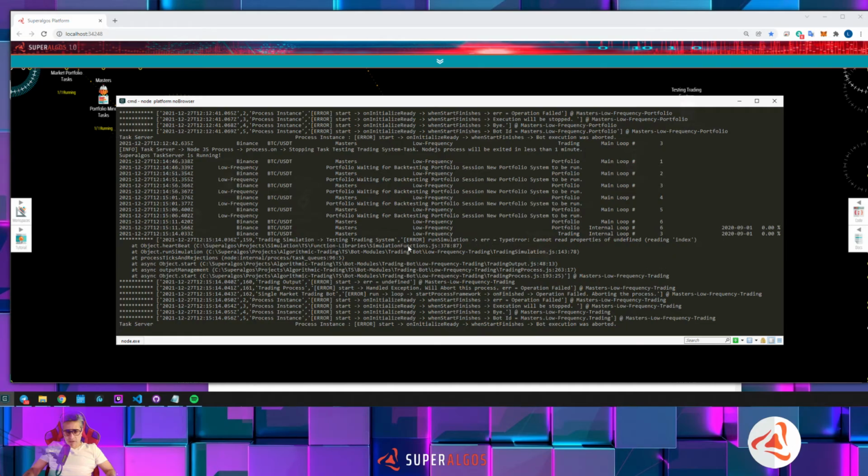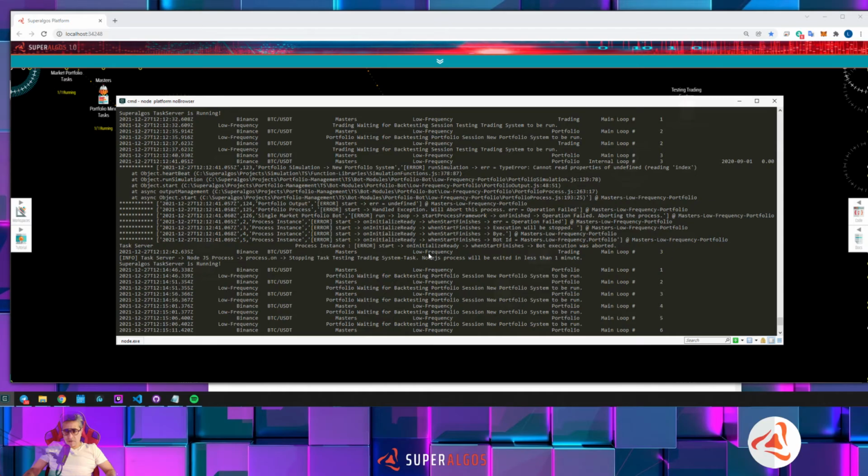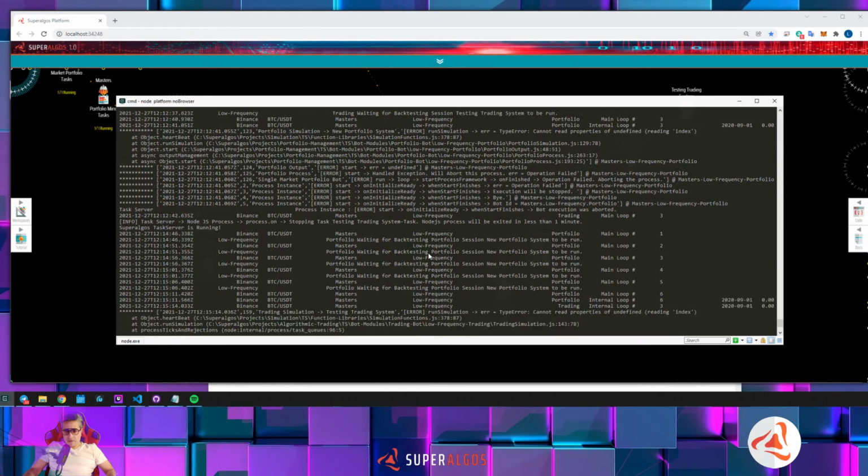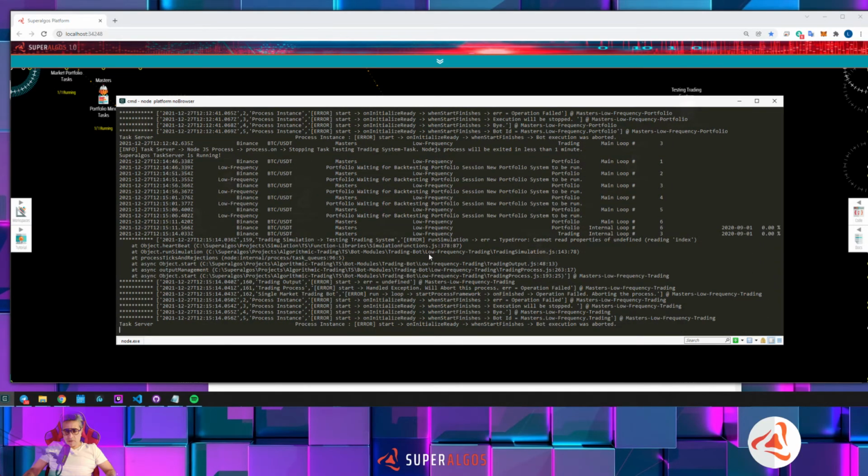Three seventy is the same stuff. Reading index 378. What is wrong?